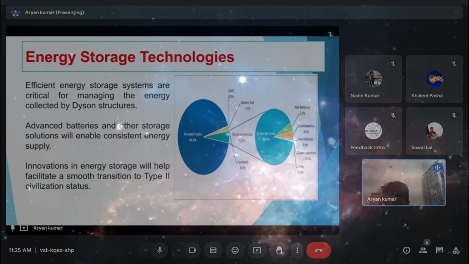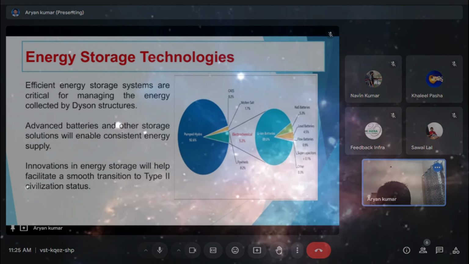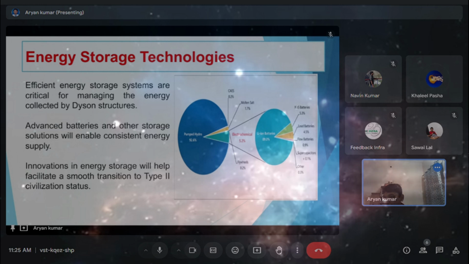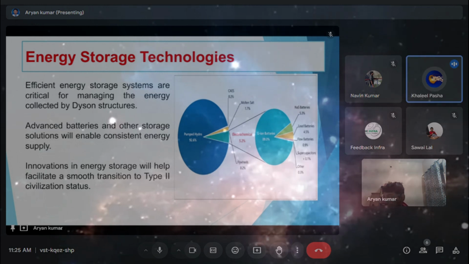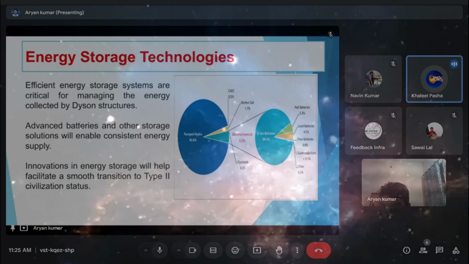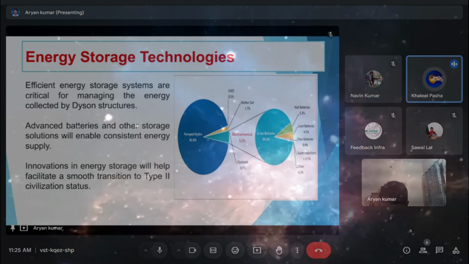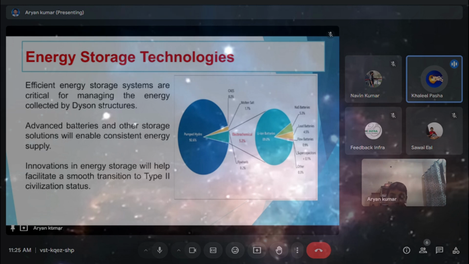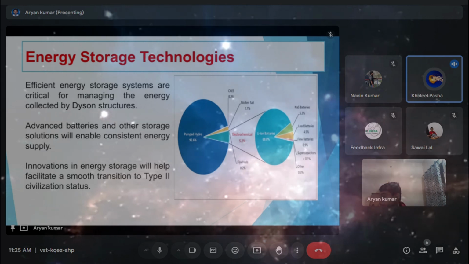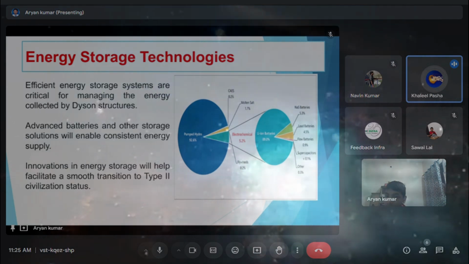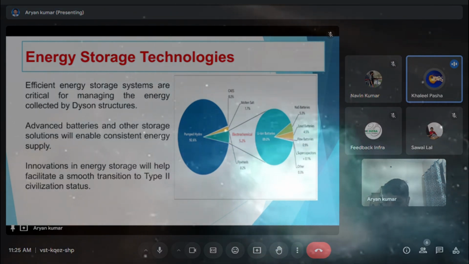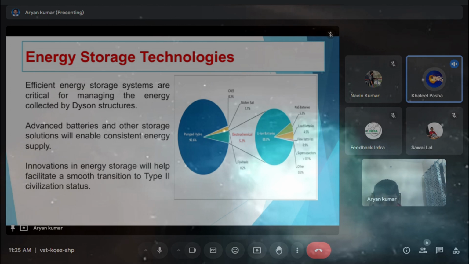So, Khalil, would you like to read this line? Yes. Energy storage technologies. Efficient energy storage systems are critical for managing the energy collected by Dyson structures. Advanced batteries and other storage solutions will enable a consistent energy supply.